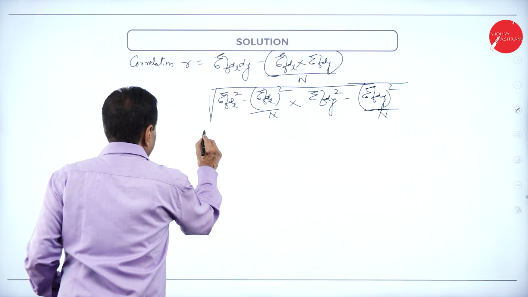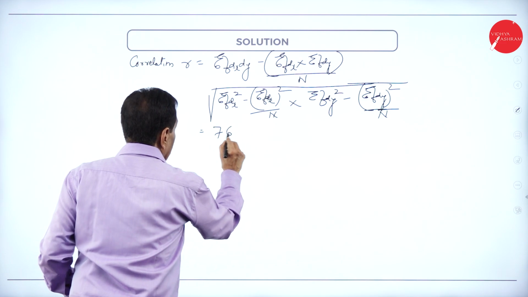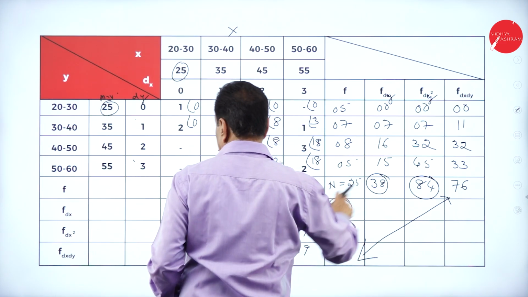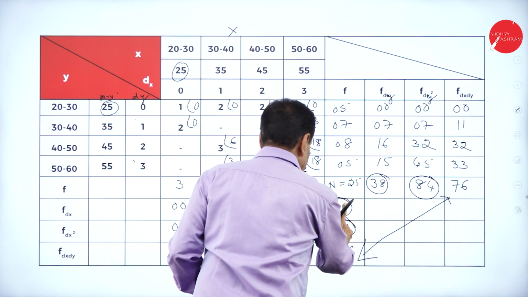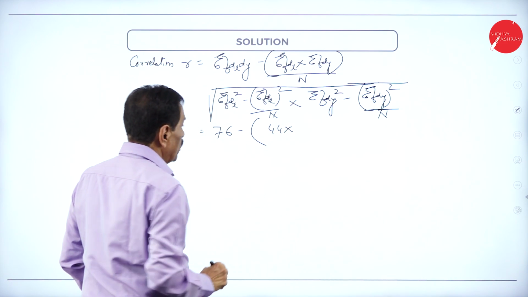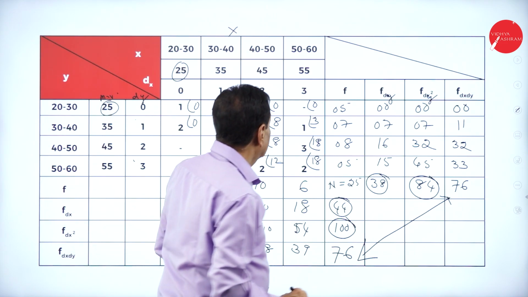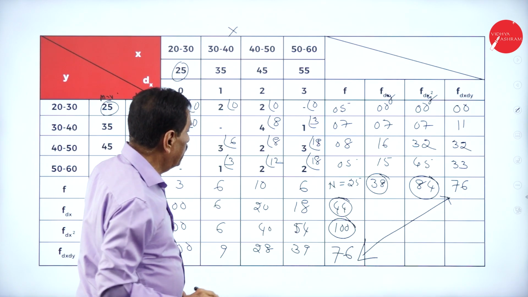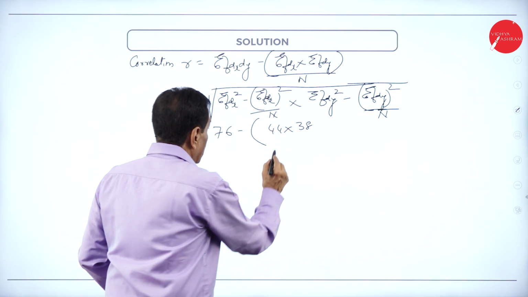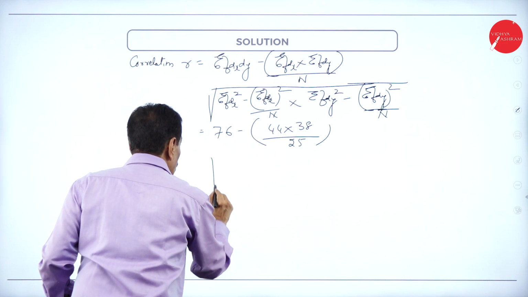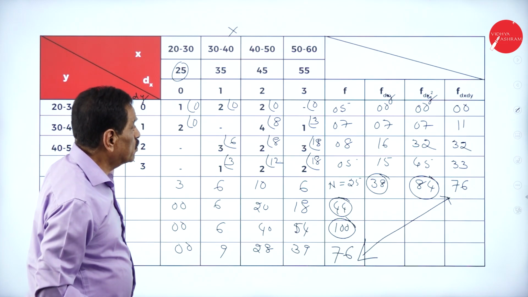76 minus. What is sigma f dx? This is f dy. Sigma f dx is 44, into, what is f dy? 38. Number of frequency 25. Whole divided by root of f dx square.